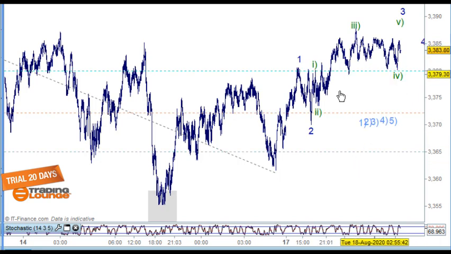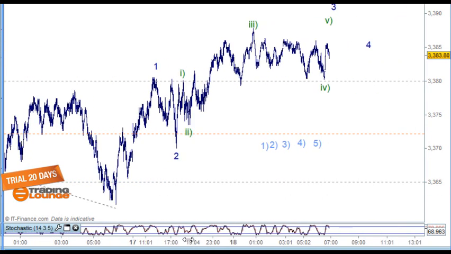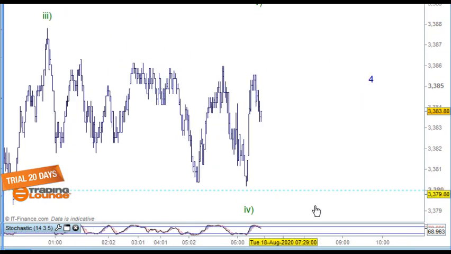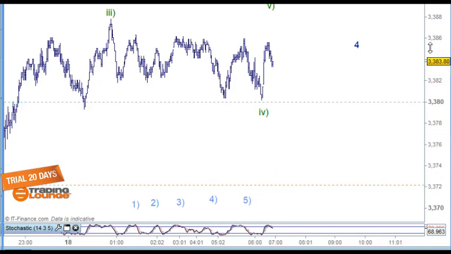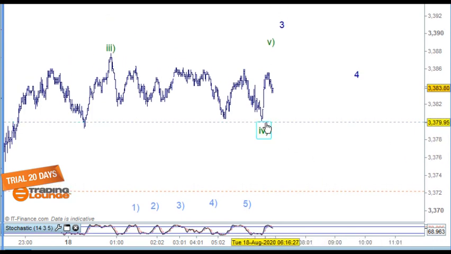If this is a wave 4 here, then this is likely to be the wave 4 here as well for this one. But we should still see further upside. It does appear that we're getting an impulse wave up here, so 1 and 2 here, and 3 and 4 and 5.